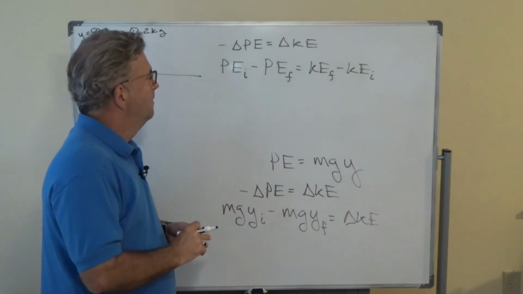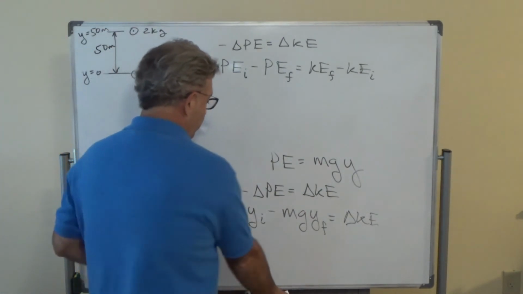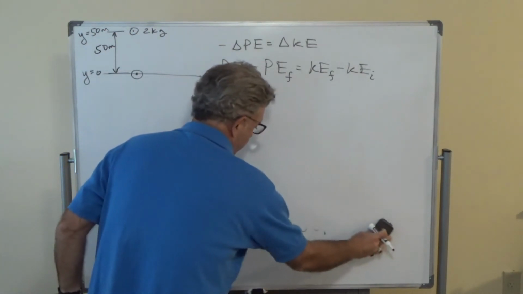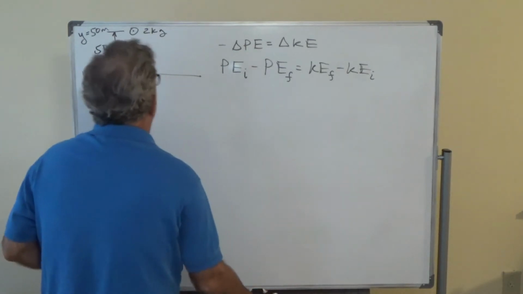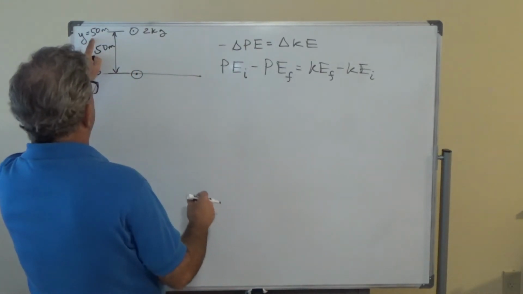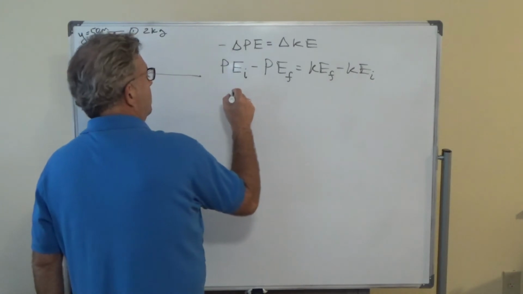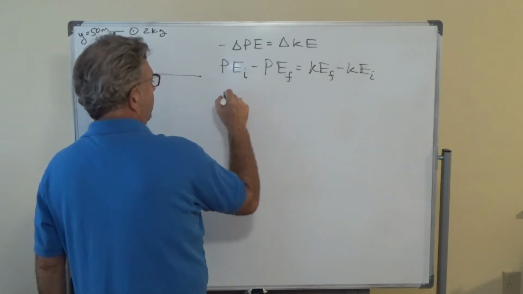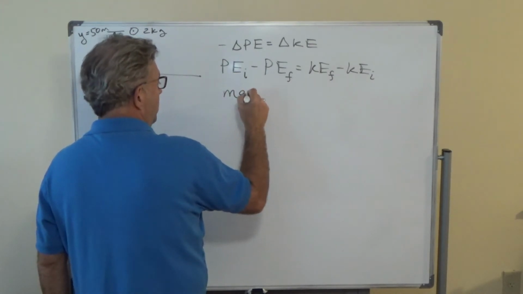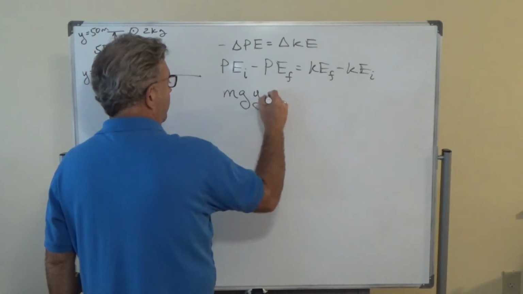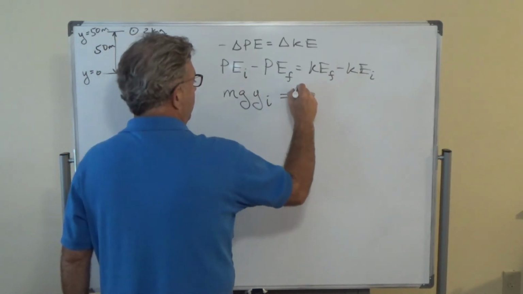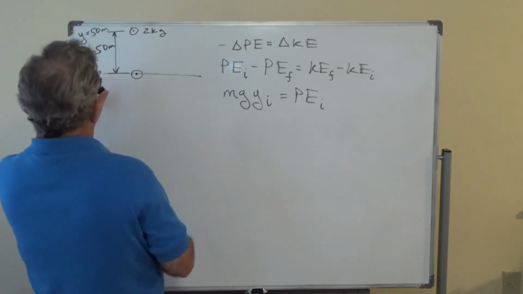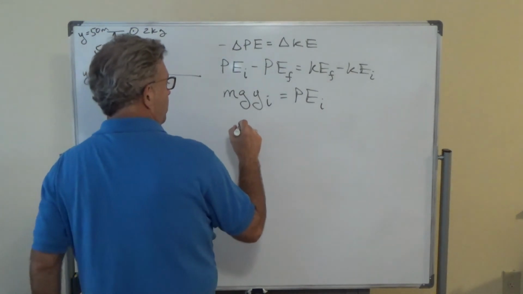Yeah? What's PE initial? Well, it's starting out up here at y equals 50. So I'm just going to write it out, let's say it's mg y initial. That's PE initial. I'll put the numbers in a second. Y final is equal to 0.